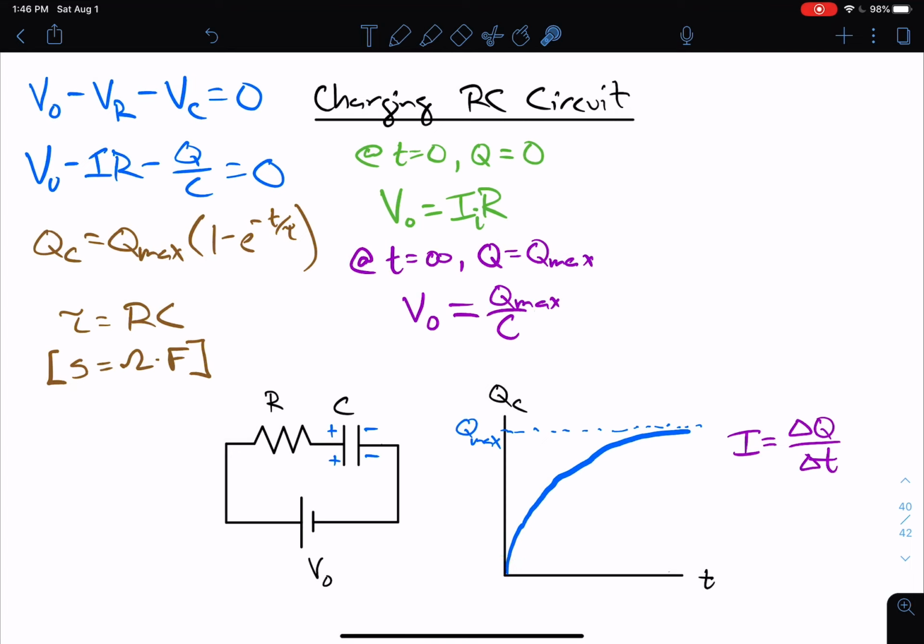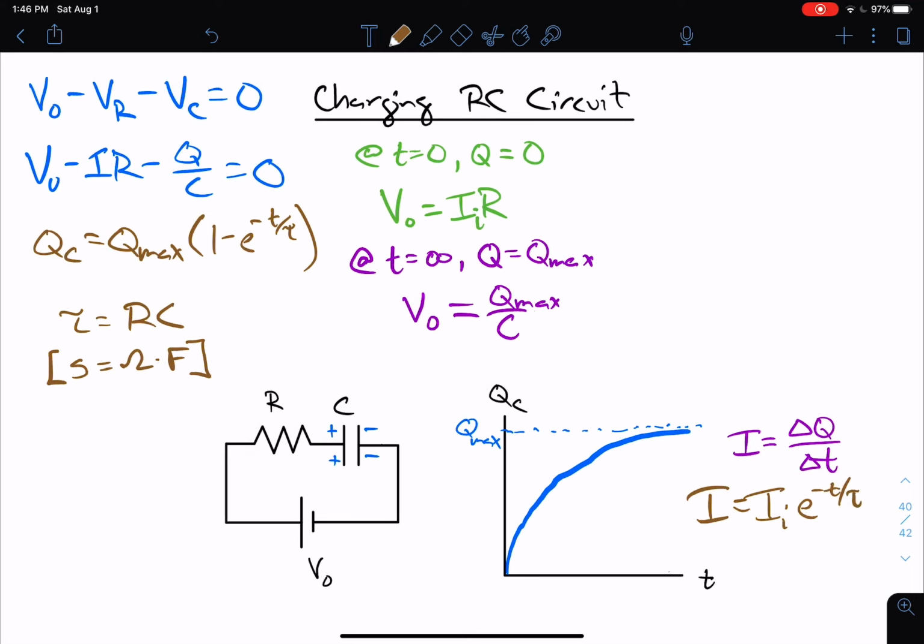And we see that the current starts out very high, but then it gets smaller and smaller and goes to 0. This is actually exponential decay. What's happening here is the current is decaying exponentially. And this is the relationship for that.